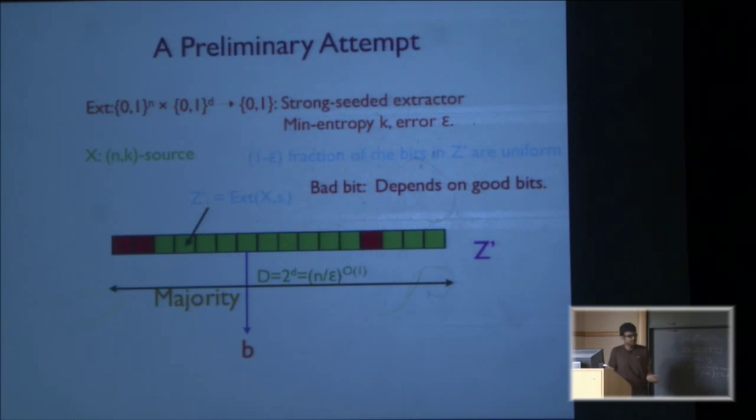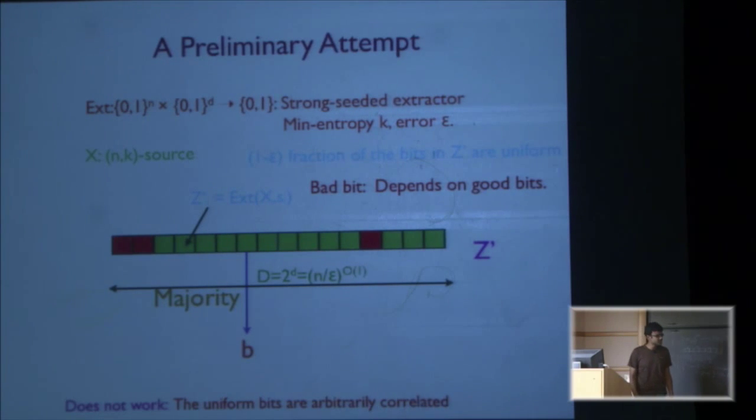So we could probably try to say that since there are lots of good bits, maybe majority gives us a bit which is good. But this does not work because the uniform bits are arbitrarily correlated, so we do not really know what's going on.